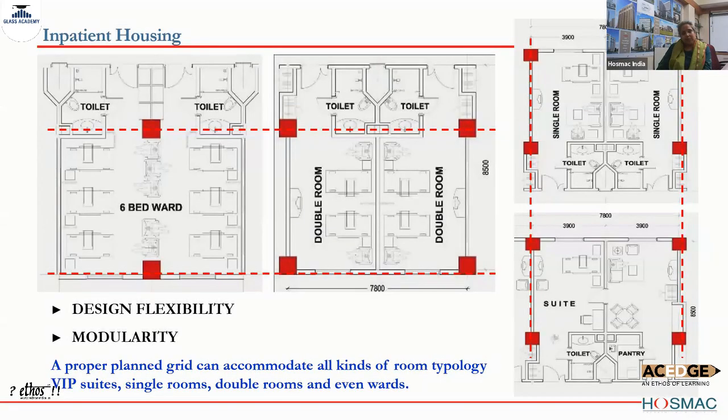So design flexibility and modularity in the same grid is in front of you. How the same grid can accommodate twin sharing, single sharing, wardrooms, and also suite. Okay, so a suite, if you put a door in between a single wall, turns into a whole apartment kind of space.